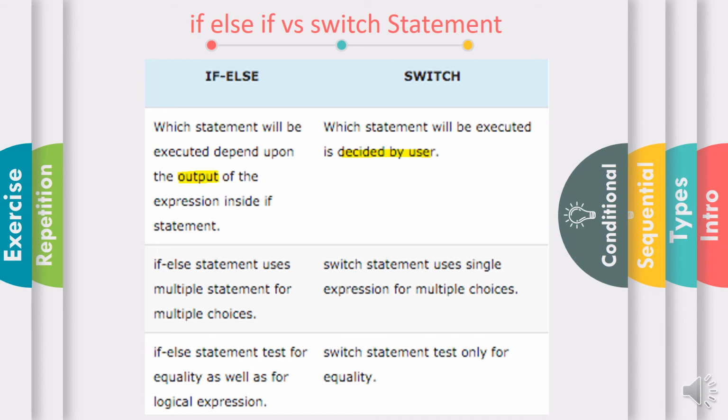If I want to perform addition, I will select the operator for addition or division or multiplication, that is to be decided by the user, but in the if else if statement that is decided by the output of the expression.